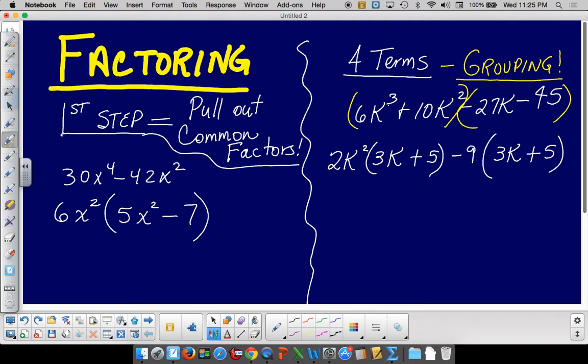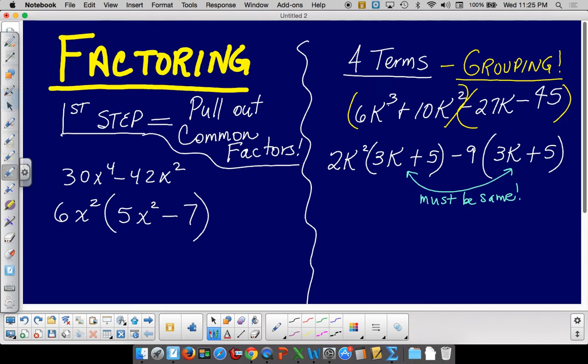Now, hopefully, you're noticing the miraculous event that has occurred. Yes, the 2 binomials that are left are the exact same. That has to happen. If they aren't the same, this method doesn't work, and it's probably not factorable. So 3k plus 5 has to be, in this case, in both of them.